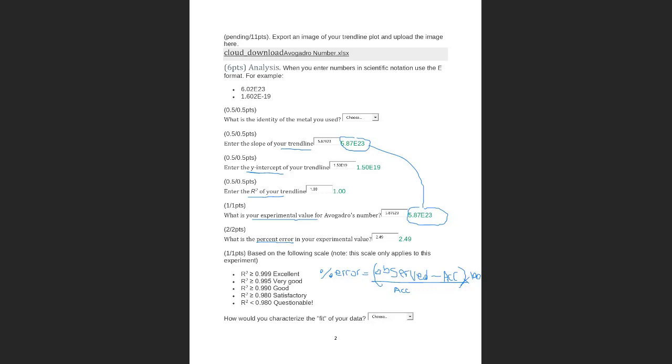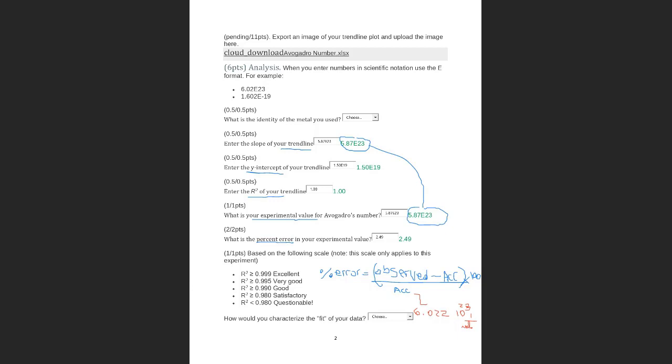So in our case, what is the true value or the accepted value for the Avogadro number? That is the one that you always use: 6.022 times 10 to the 23rd per mole.